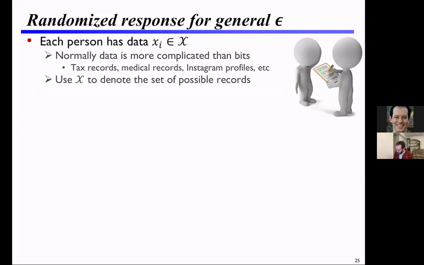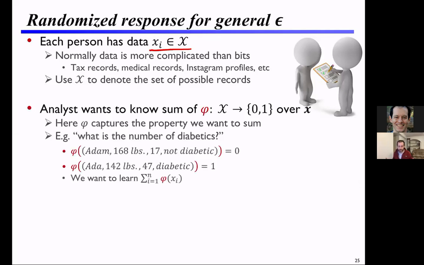So first of all, the first generalization we can do is to think of each person's record as coming from some more complicated set, script X. And instead of asking for each of the xi's to just be one bit, we'll assume we're interested in counting some property of the x's, which we'll encode via some function phi.